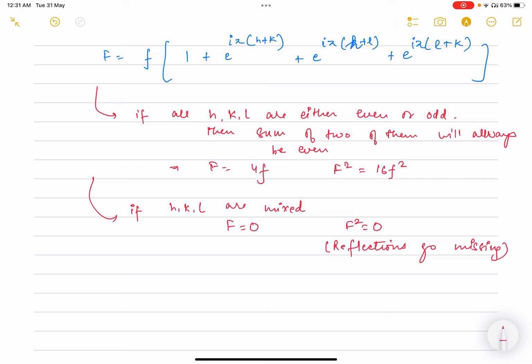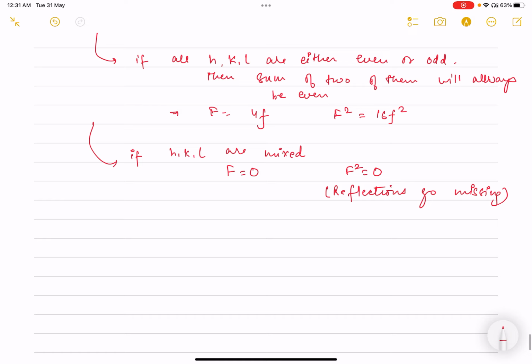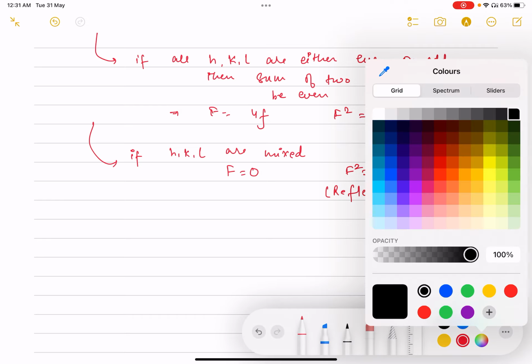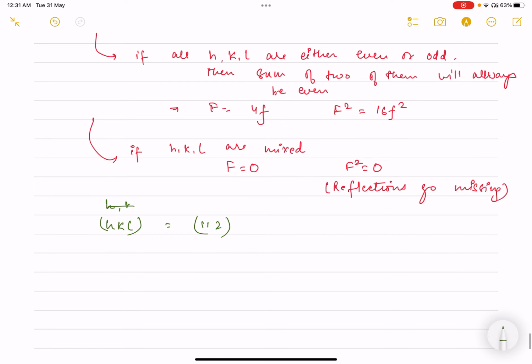Okay, so for example, for a mixed index, that is two odd and one even, suppose we have HKL of 1, 1, 2. These are two odd and one even.